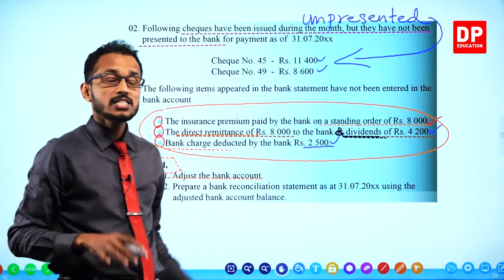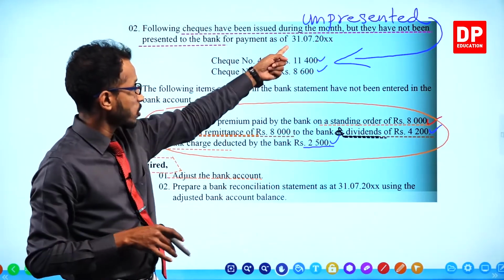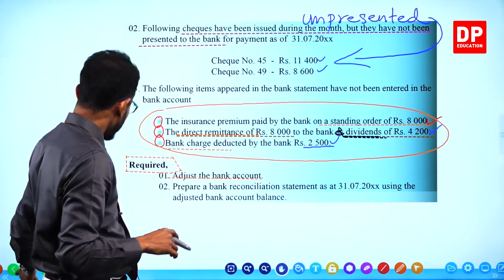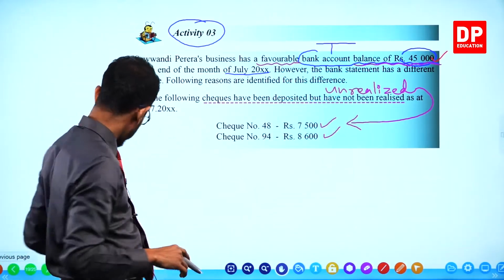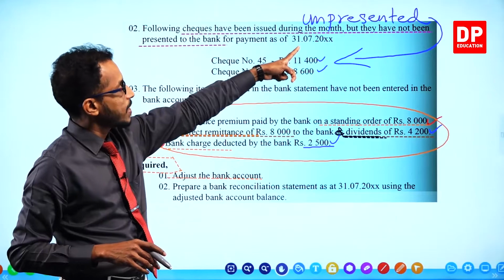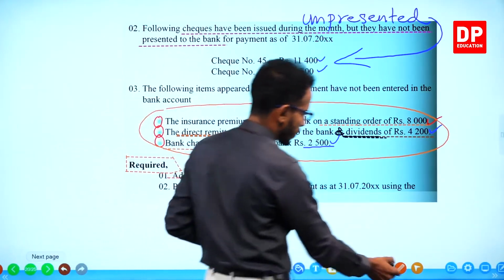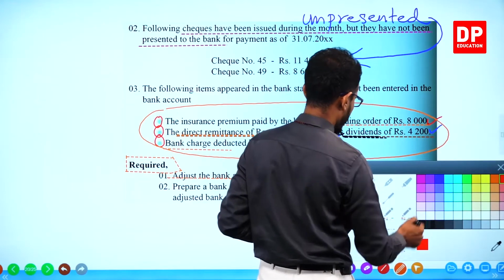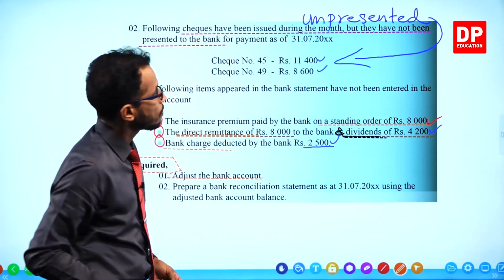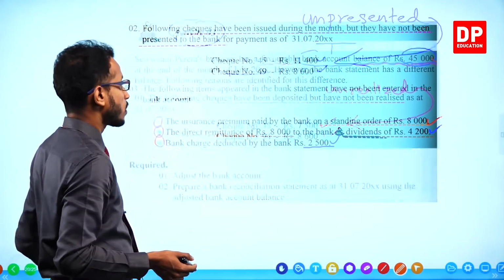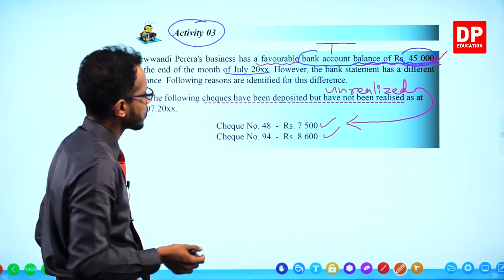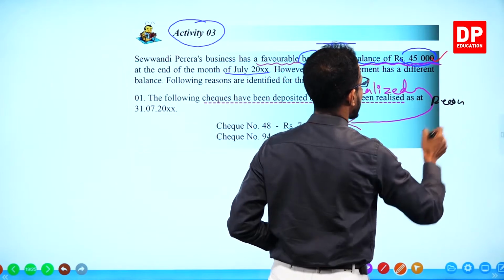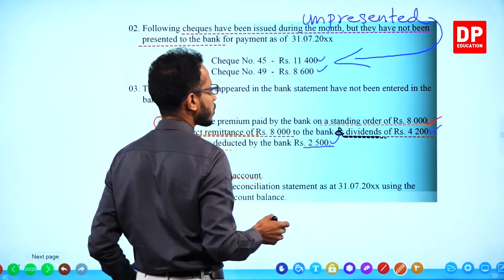I told you that it's better if you can jot down near the unrealized checks and unpresented checks that these items go to the bank reconciliation. I told you earlier when we started the question, these two items go to the bank reconciliation statement. This goes to the recon, and this also goes to the recon.